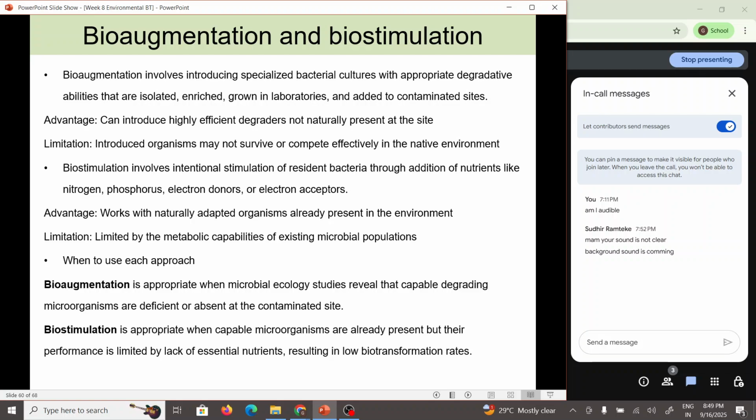Bioaugmentation is appropriate when microbial ecology studies reveal that capable degraders are deficient or absent at the contaminated site. Biostimulation is appropriate when capable microorganisms are already present, but their performance is limited by lack of essential nutrients, resulting in a low biotransformation rate.